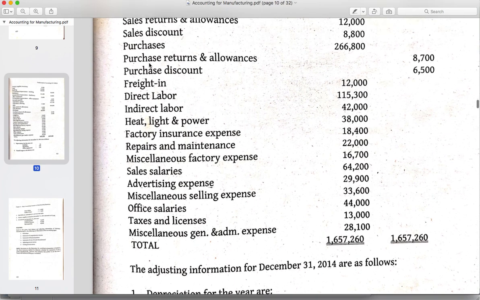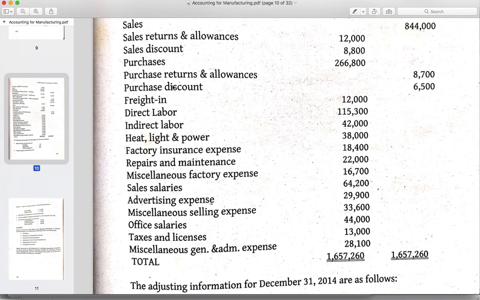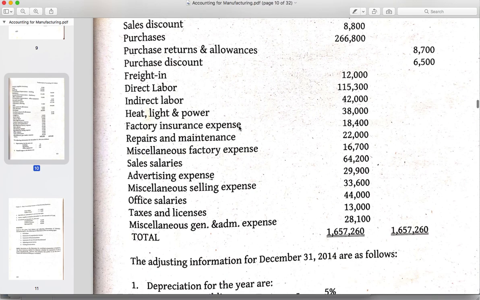Isa lang yung purchases. So, we can assume that this is for the raw materials. Hindi niya in-specify that this is for the factory supplies expense or for the indirect materials. If in the book, pinaghiwalay niya si direct materials at si indirect materials, pero sa purchases hindi niya in-specify, then you presume that this is for the direct materials.